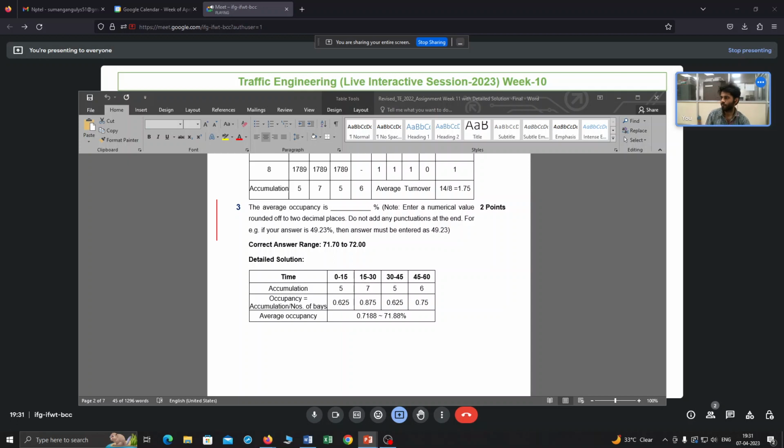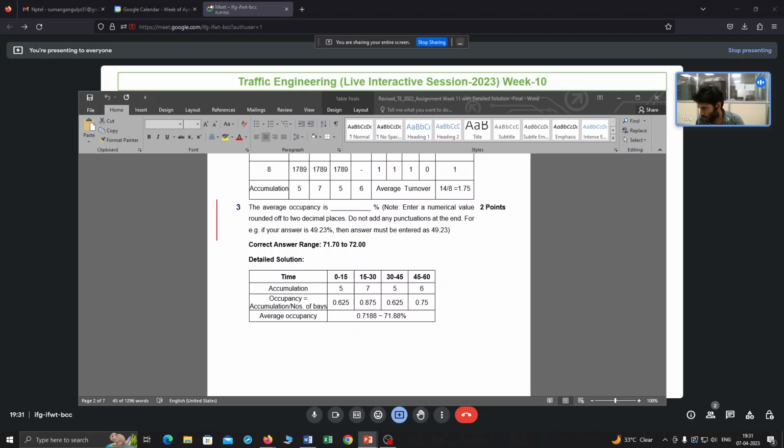Okay. So parking load will be number of vehicles, 5 for the first 15 minutes and it is 15. For next it is 7 and then 15. Third is 5 again and 15. Fourth is 6 and it is 15.